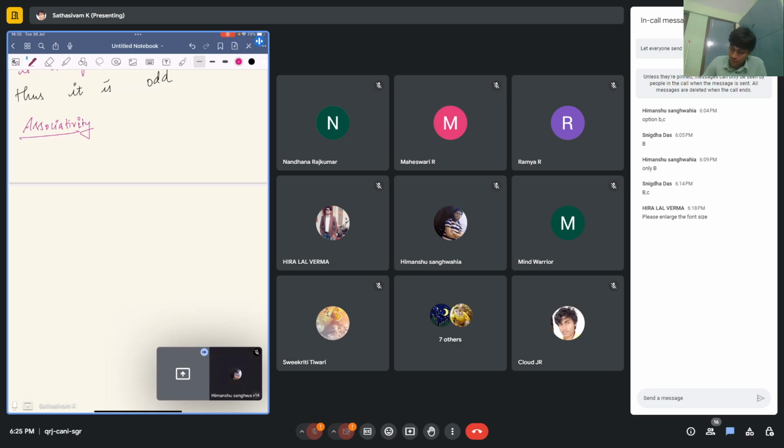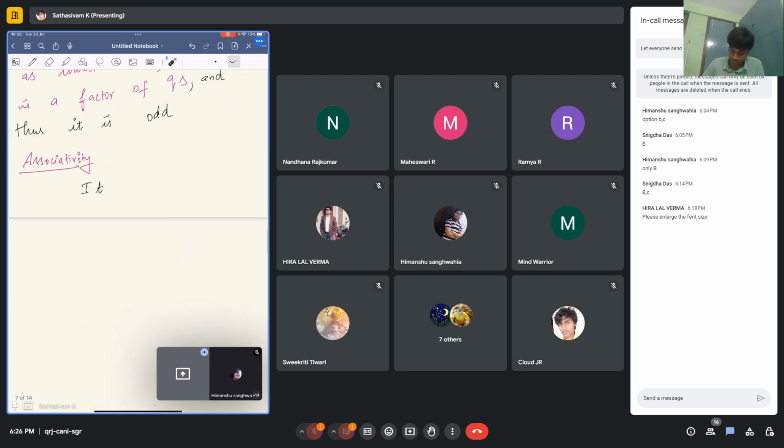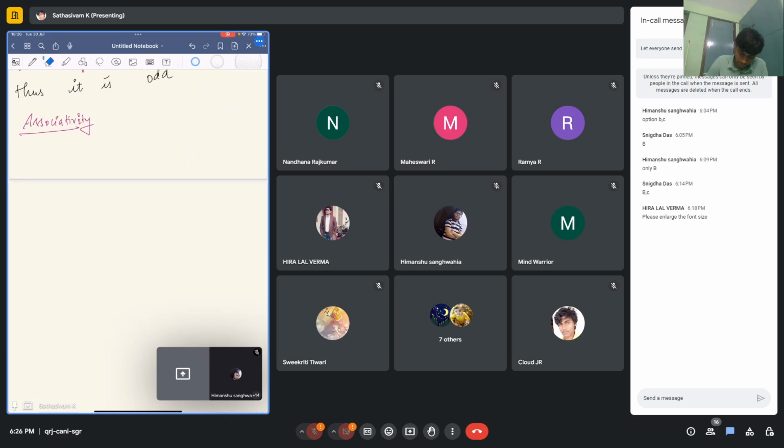Yes, it is associative because the addition here is the addition of rational numbers, and in the rational numbers, addition is associative. So here also it is associative.